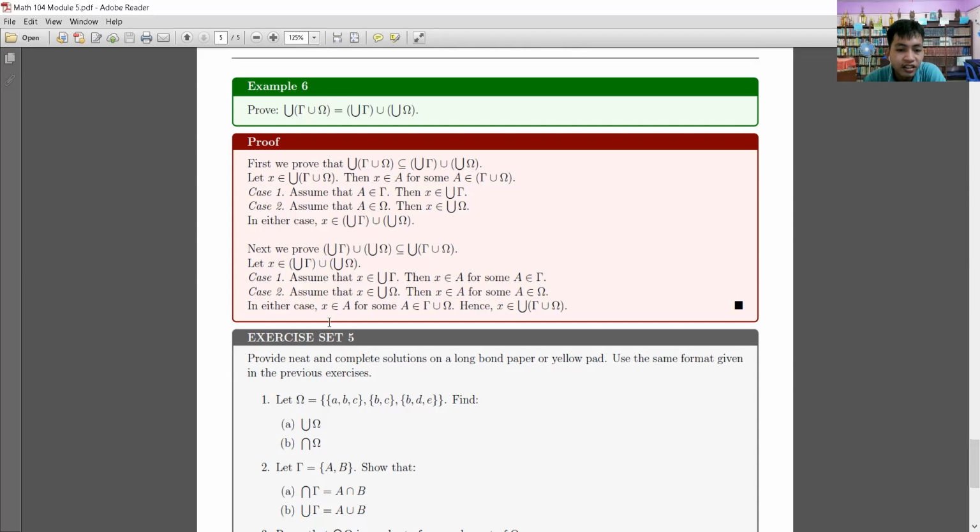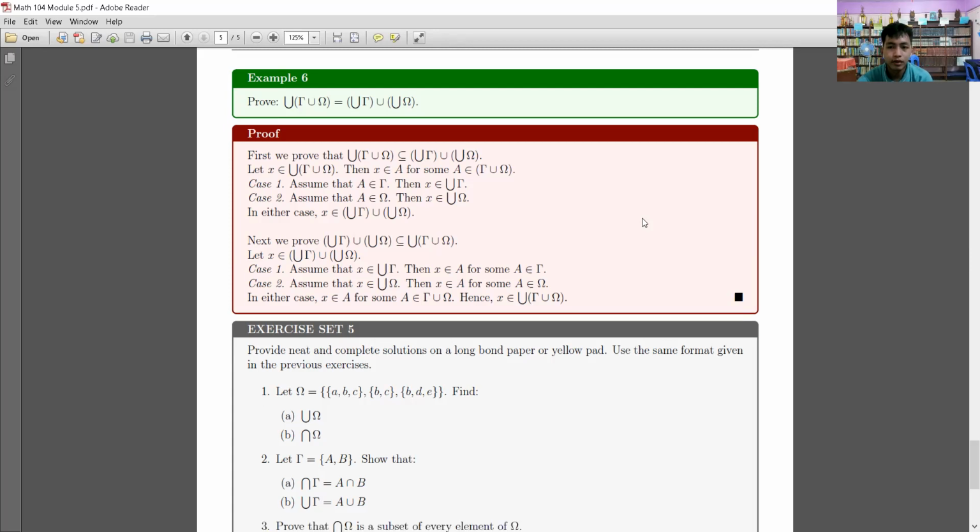So either case, X is in A for some A in tau union omega. So pag pinagsama natin yung dalawang cases na yun, ganito siya. Hence, si X is nandun sa generalized union ni tau and omega.